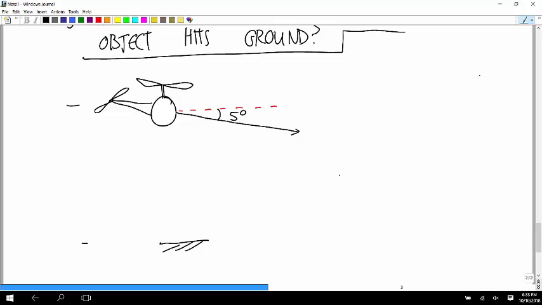And at the instant this object's dropped, the height of the helicopter is 30 meters. And then this object is dropped out the window.